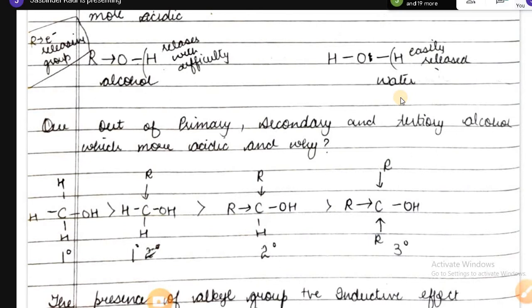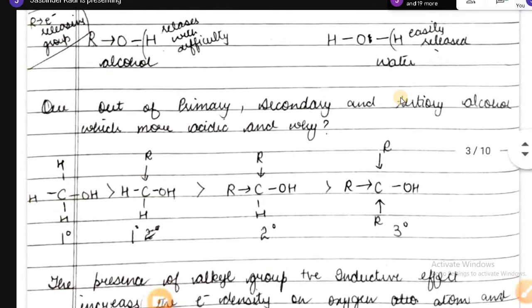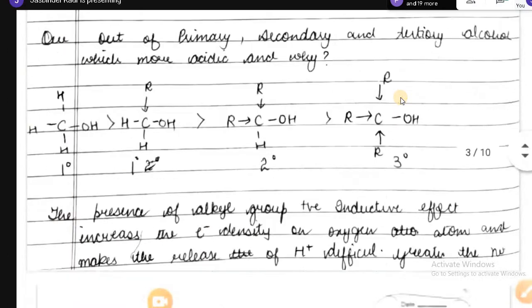So, the lesser the number of alkyl groups attached to carbon, the greater the acidic strength. In methyl alcohol, no alkyl group is attached, so it is most acidic, then primary, then secondary, then tertiary. So the order is 1 degree most acidic, then 2 degree, then 3 degree.